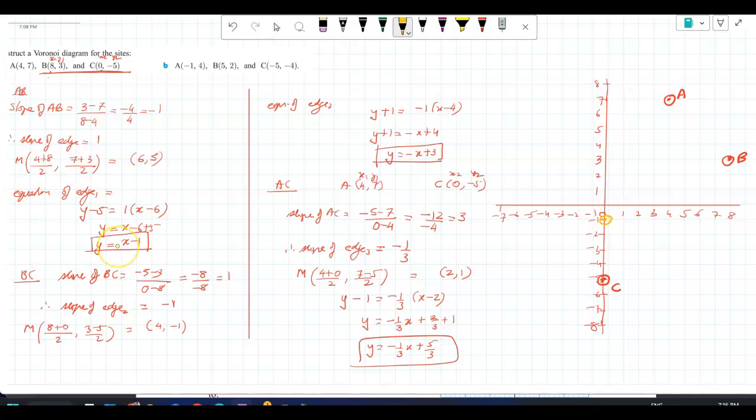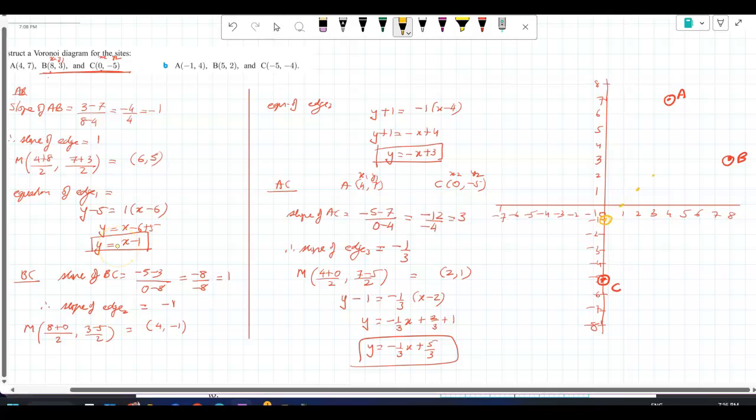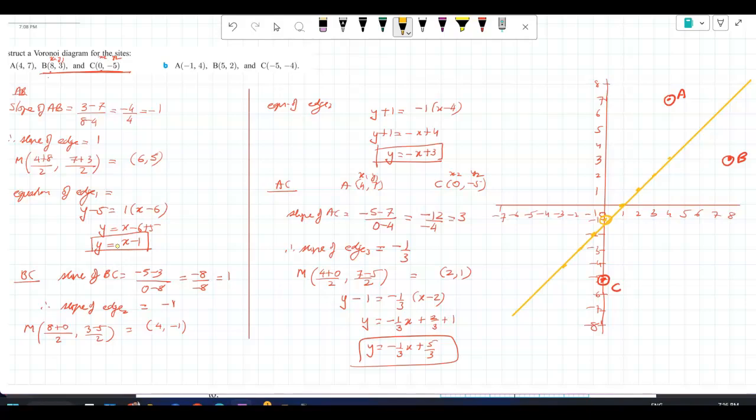So 1 means this will go 1 right, 1 up, 1 right, 1 up, and this is 1 down. So that means we'll have this line. That's the line that comes in.